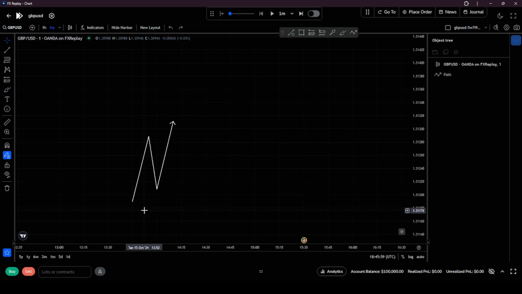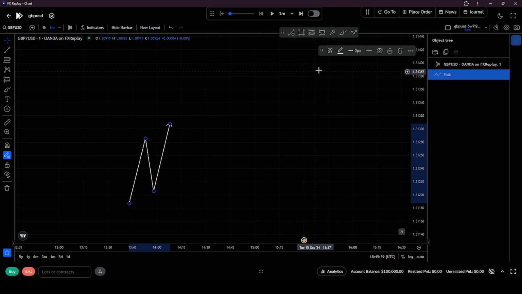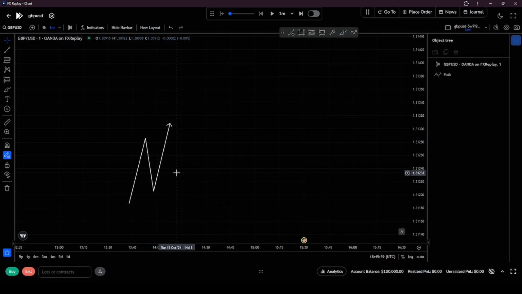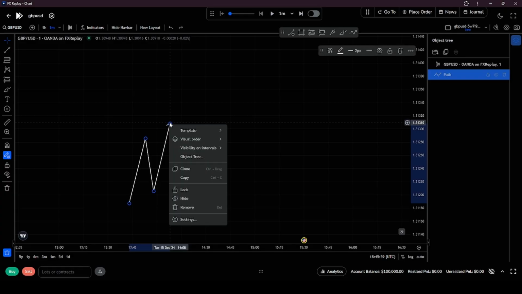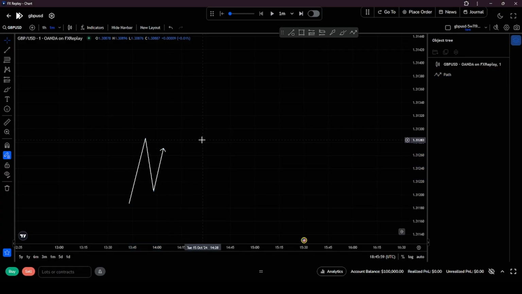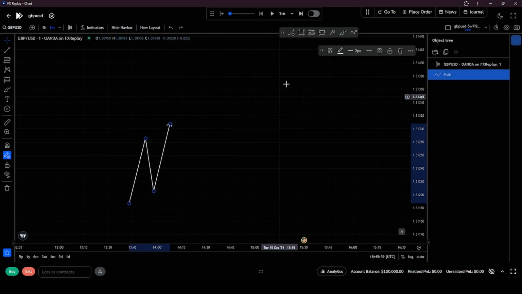So we will identify this as a valid pullback. If the candle was to make something like this, it wouldn't have been a valid pullback. So this would be a valid pullback.